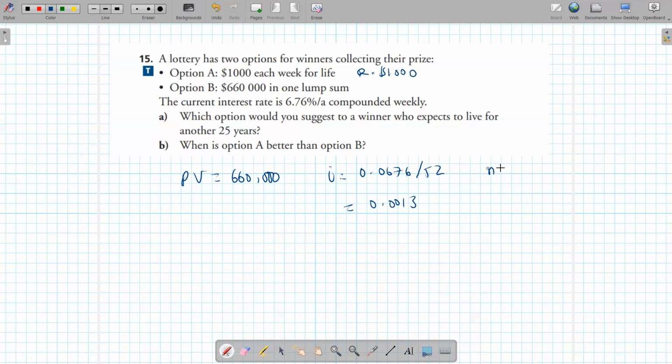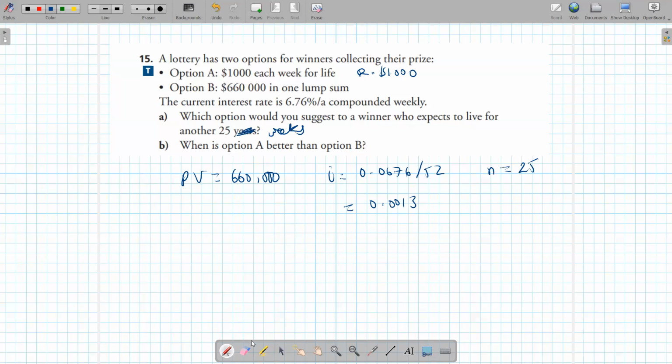And what's our N value here? 25 years, but again, it's being compounded weekly. So what do we do with the 25? Just leave it as it is? No, we don't, right? We need to convert it into weeks. If this said weeks, then we don't need to touch it.